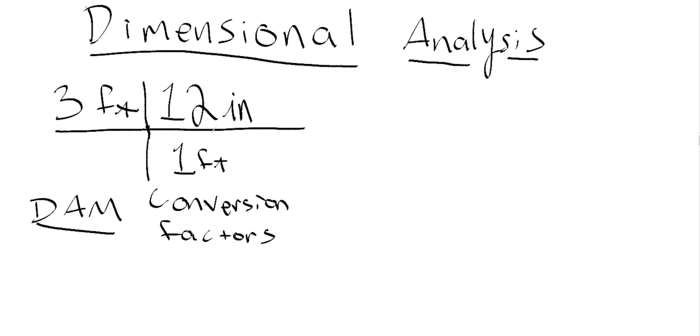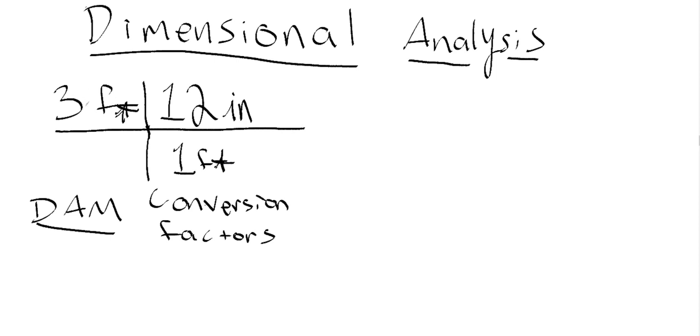What you always want to do is make sure that the same units are opposite each other. So if you have feet on top, you want feet in a conversion section on the bottom. And then whatever you're trying to get into, we're trying to go into inches, that goes on top.